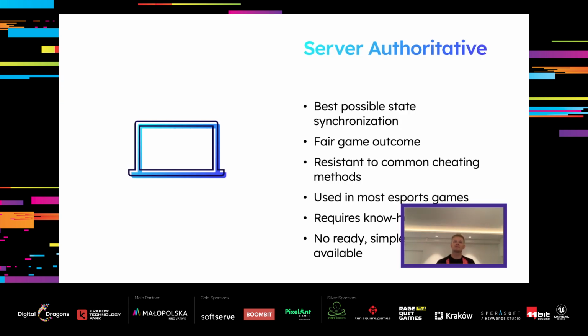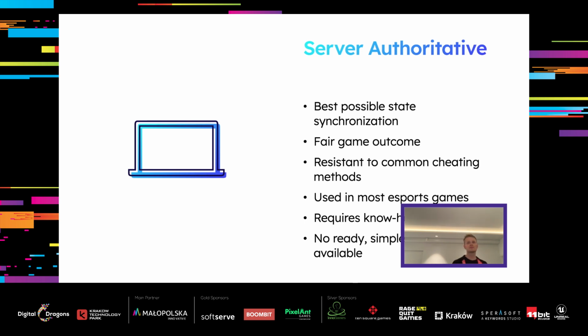And the second approach is server authoritative, which is the best possible state synchronization. It's used in all esports games worldwide. So every AAA game with some competitive, esporty aspect possibly uses server authoritative gameplay with all those algorithms of prediction, reconciliation, lag compensation, and so on. The difference is that the game is being played simultaneously on the server, so you have a fair game outcome.